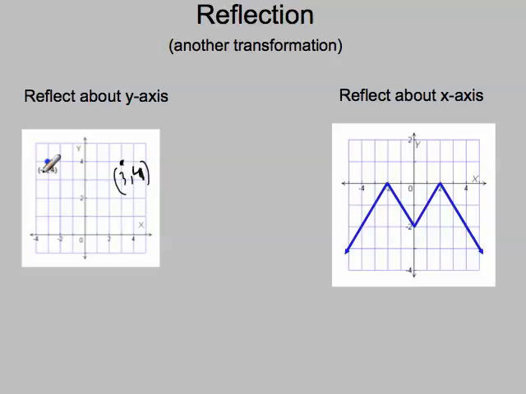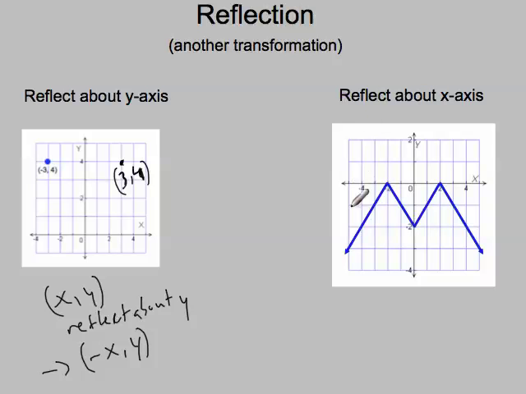Here I was -3. I want to be the same distance on the other side. So now I'm +3. I just multiply the x value by a negative. So if I start off at x, y, and I reflect about the y-axis, my new point is -x, y.